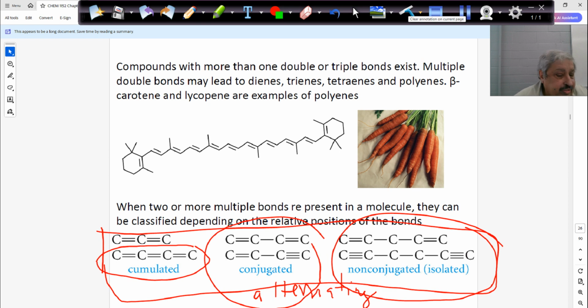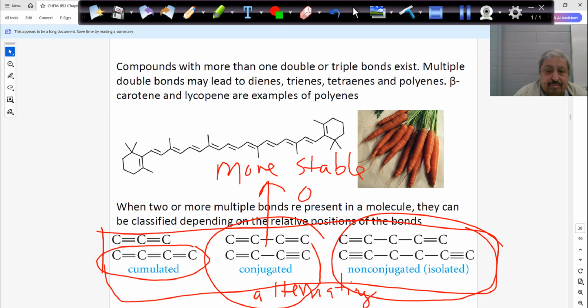And that gets what? More stability. So the difference between those types: more stable organic compound, more stable hydrocarbon.